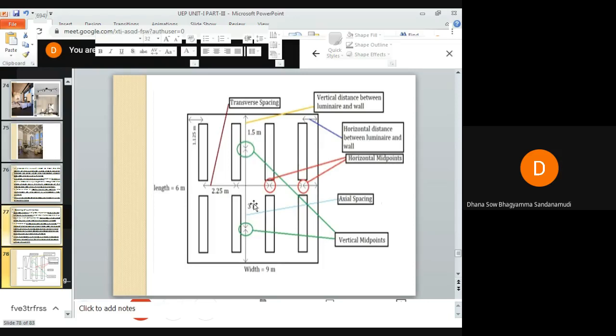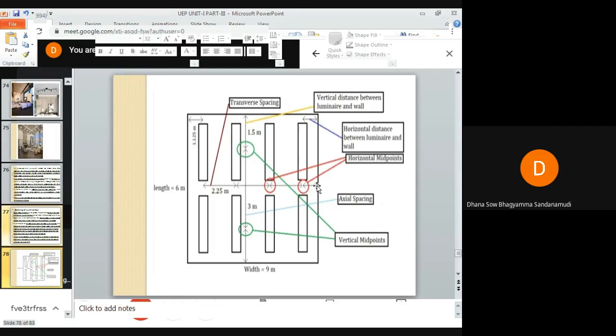So 1.5 plus 3 plus 1.5 is 6 meters. Similarly, this length should be 9 meters. So it is 1.125 from here to here, 2.25, 2.25, 2.25, and then 1.125.